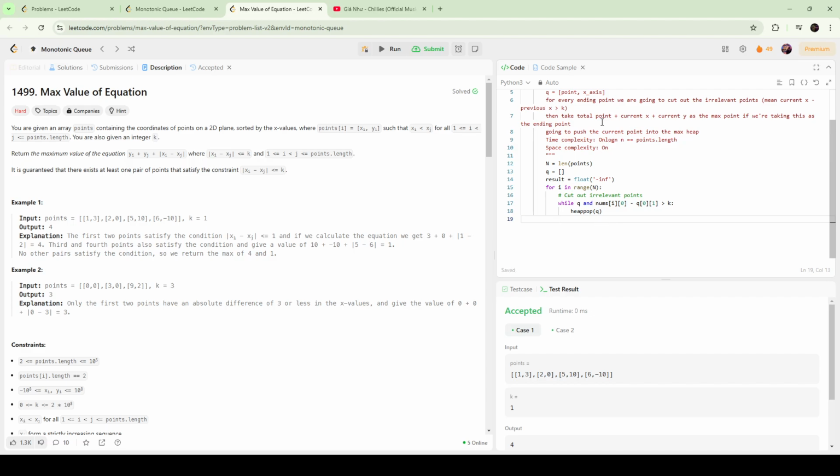We are going to take the total point plus current x plus current y as the max point, taking this as the ending point.